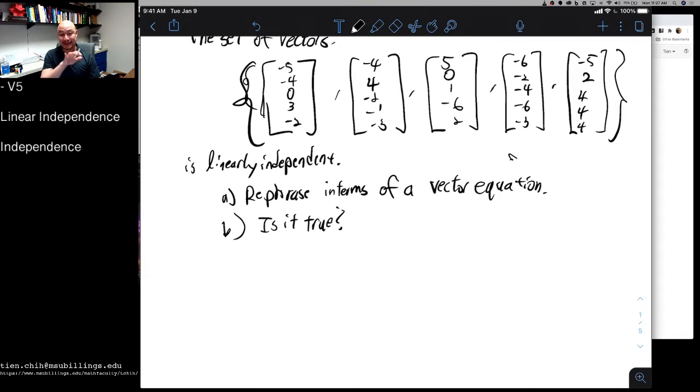We want to take the original statement, rephrase it in terms of a vector equation, and then ask ourselves, is it true?